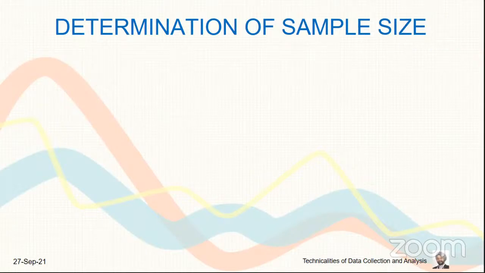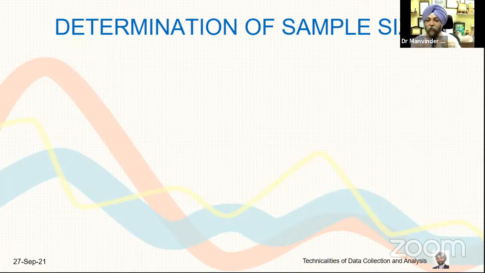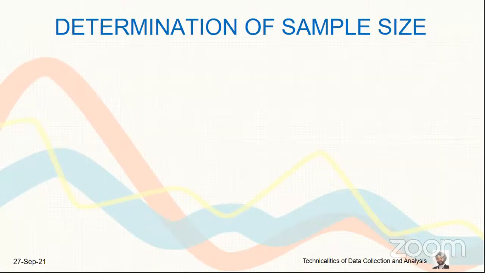Excuse me, sir. Is there any specific rule for sampling, a ratio or proportion from the whole population? If you are going with stratified sampling, I've already told you that you can take the proportion.